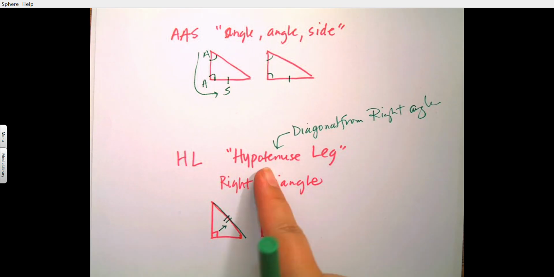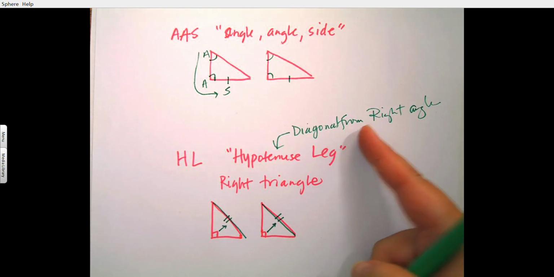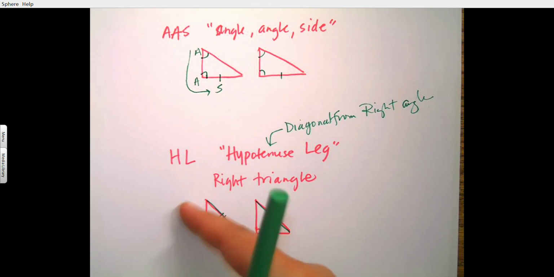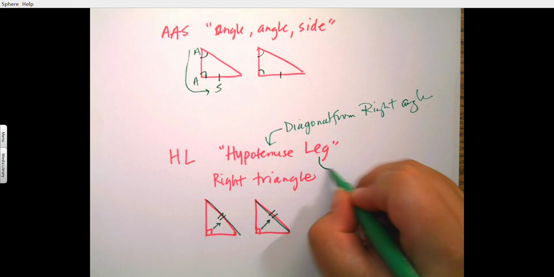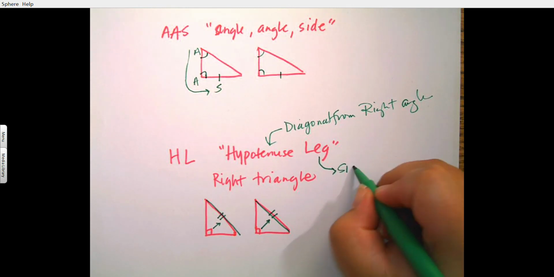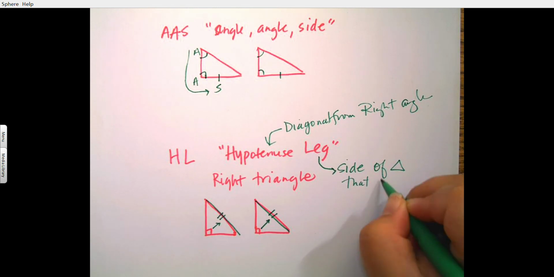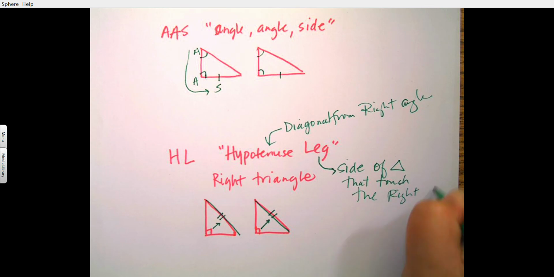So hypotenuse is diagonal from the right angle. So it's across. The leg is one of the other two sides that make up the right angle. Okay? So they are a side of the triangle that touch the right angle.